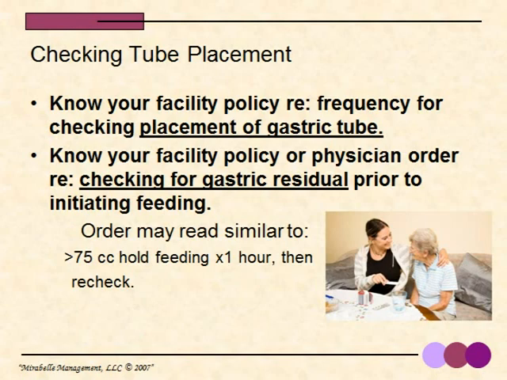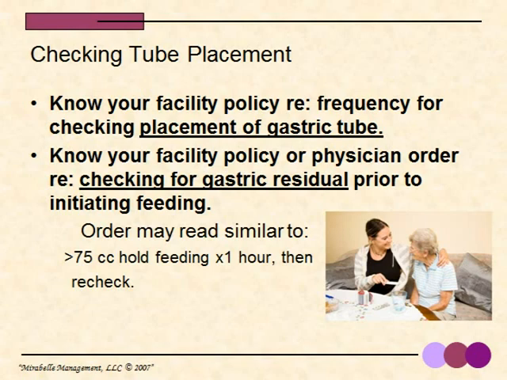Before a tube feeding is initiated, it's important to be sure that the tube is in the right location. So you must know your facility's policy regarding the frequency for checking the placement of the gastric tube. Also, know your facility's policy or the physician's order regarding checking for the gastric residual prior to initiating a feeding.